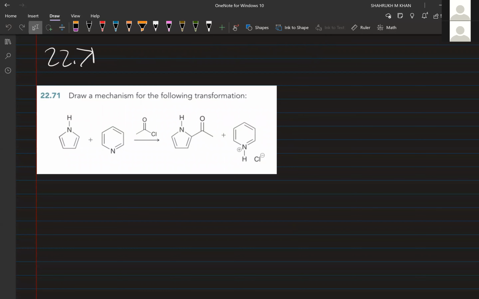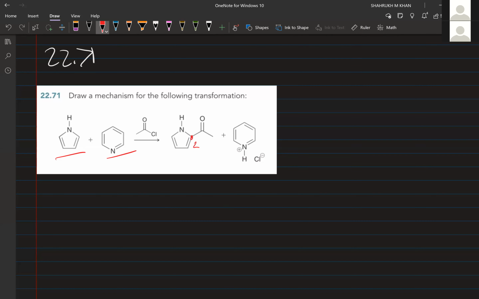Draw a mechanism for the following transformation. We have pyrrole, pyridine, and acetyl chloride, and we form a 2-substituted pyrrole.